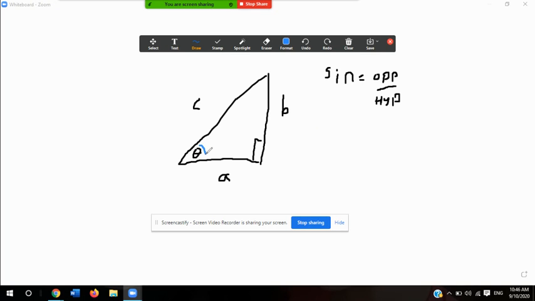So sine means opposite over hypotenuse, the side opposite to this angle. And opposite just means the farthest side. So the farthest side to this angle is B, and the hypotenuse is C. In a right triangle, C is always the hypotenuse.